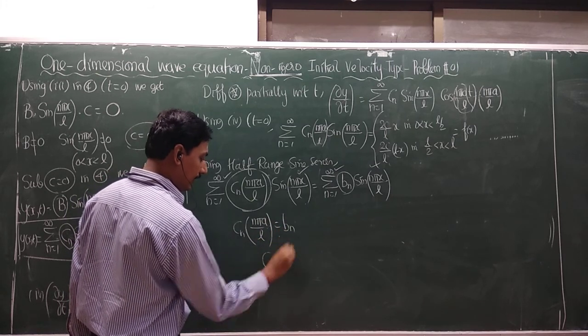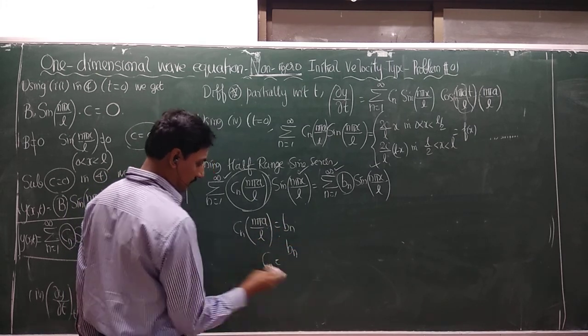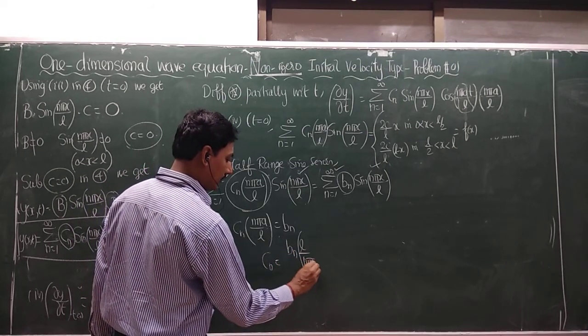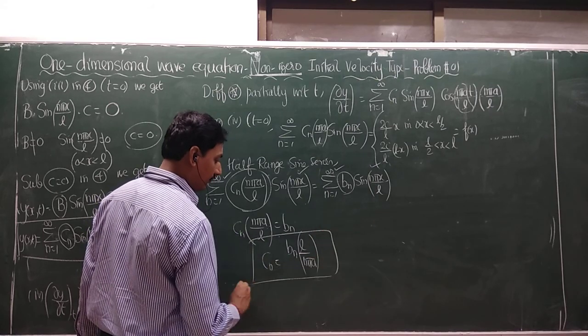So Cn is equal to bn into L by n pi a. So this is the Cn value.